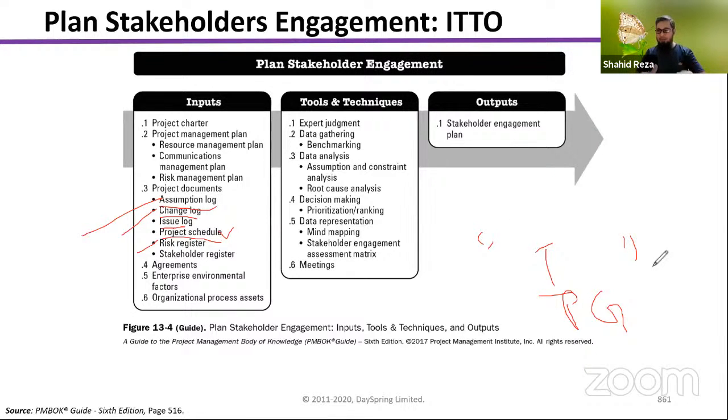When you are talking about a third party, it means any vendor or supplier or any expert person, expert individual. That means we are talking about stakeholders. So our plan is to make a plan for them, how we can engage them, involve them and manage them. So we are considering the risk register as input.